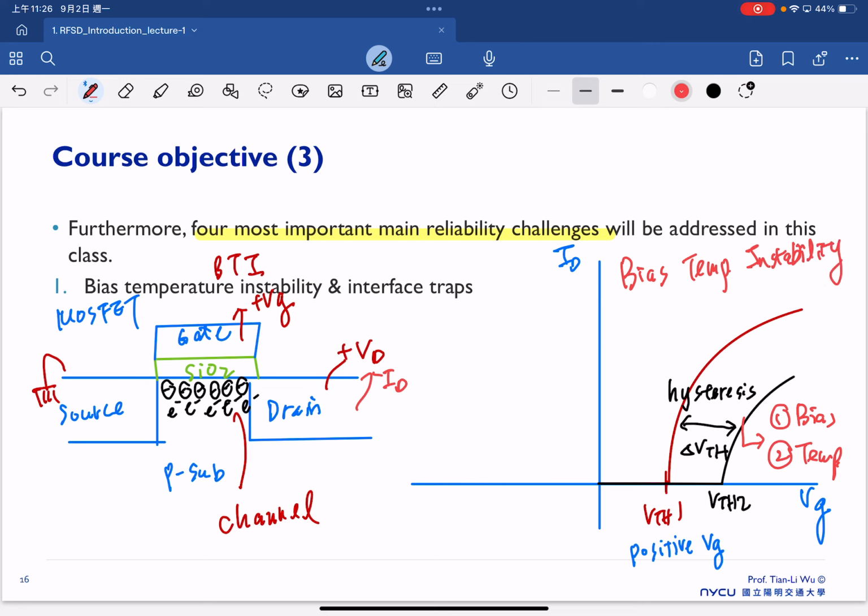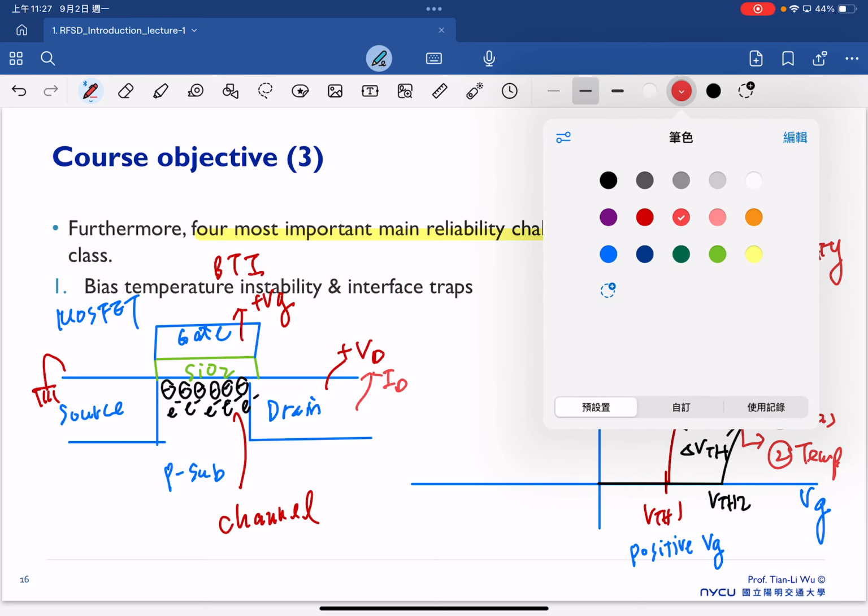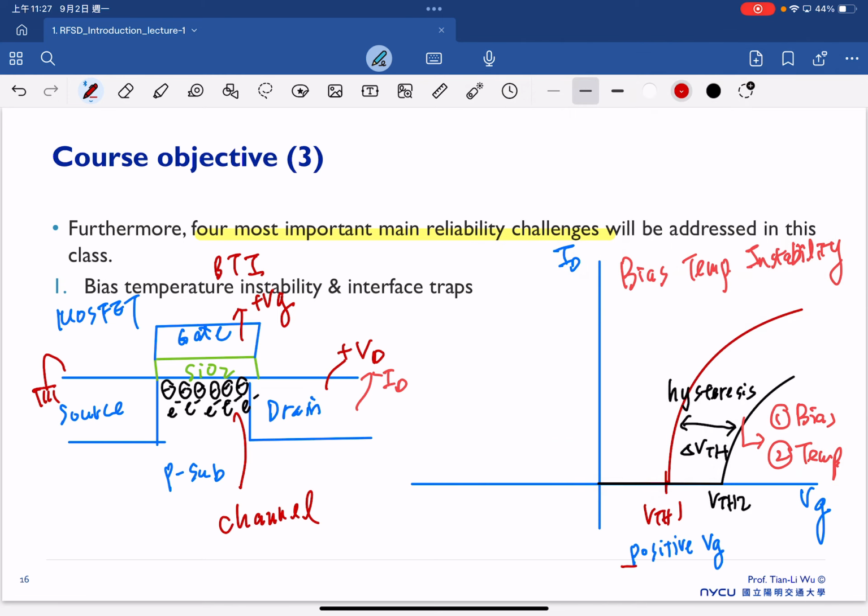Because right now we consider the case of a positive bias, to be more specific for this case, we also call this a PBTI, because we apply the positive gate bias.